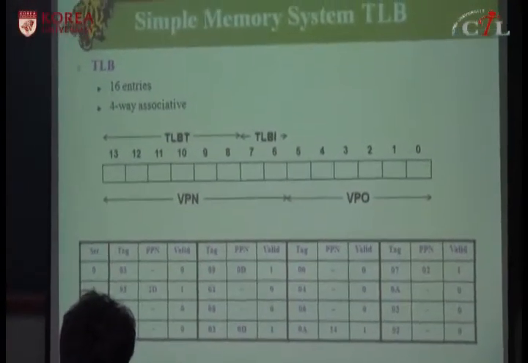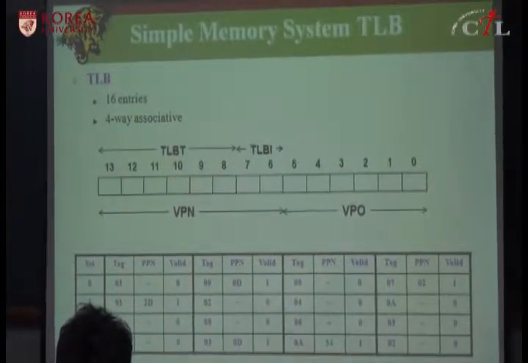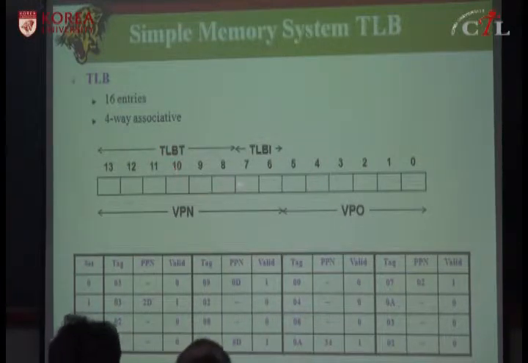You have 4 sets. And each set has 4 entries. Total 16. So you need 2-bit set index and remaining bits are the tag. And this is the TLB configuration.